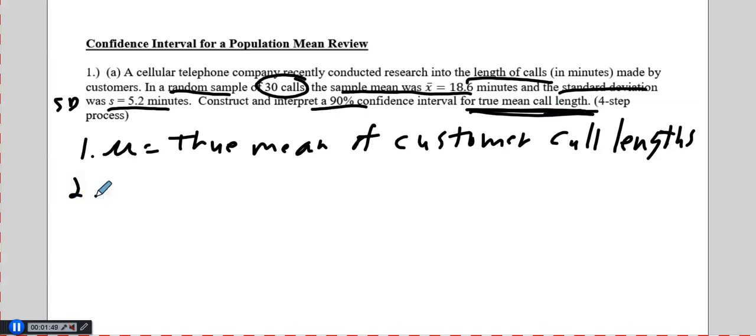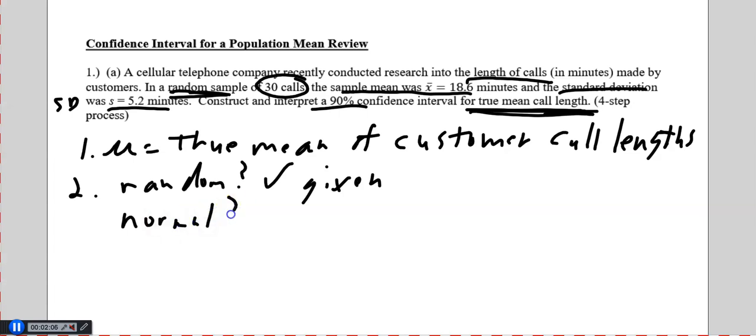Number two, we check conditions. So the first thing we always check for is random. Okay. Random question mark, check mark. And we say it was given to us because it was right up here. Second thing we look for, normal, question mark.